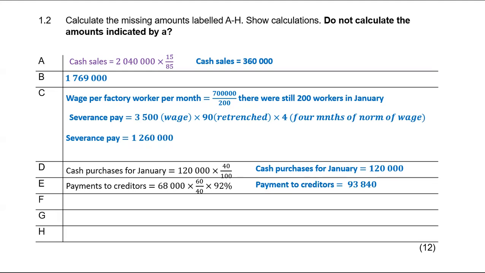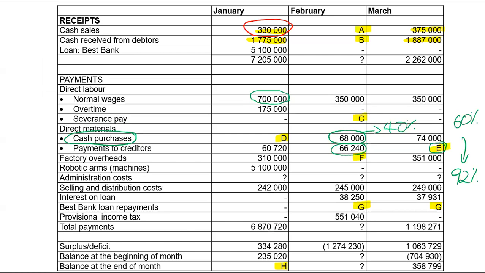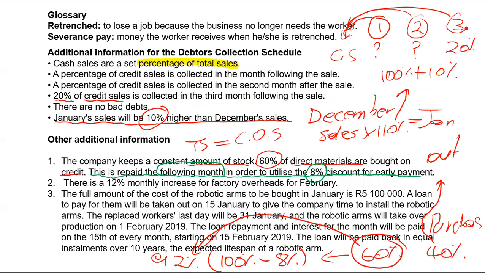Let's now calculate F. F represents factory overheads. Oh, I remember this very clearly. We were told that our overheads will increase by 12% from the factory overheads of February.